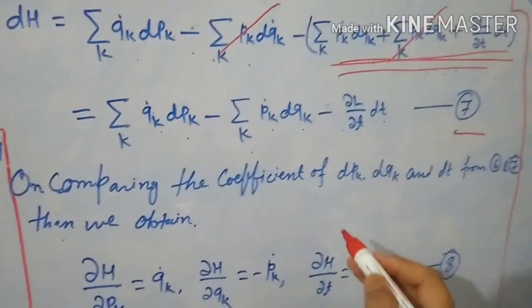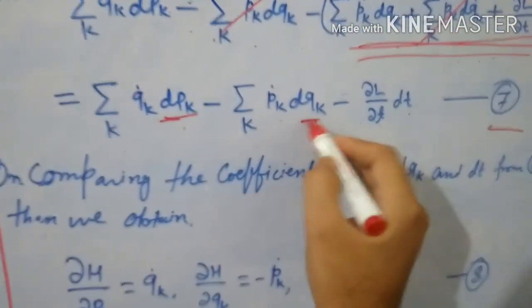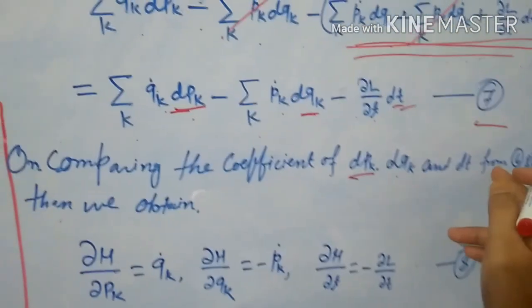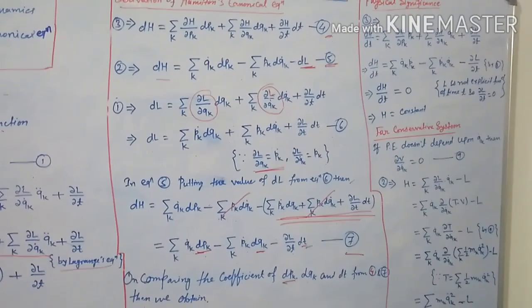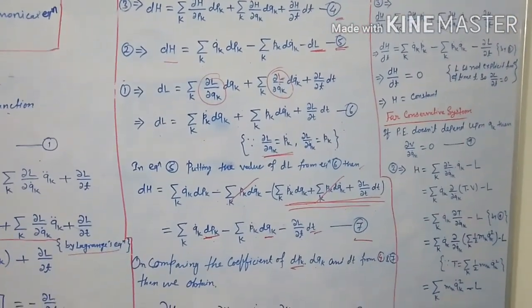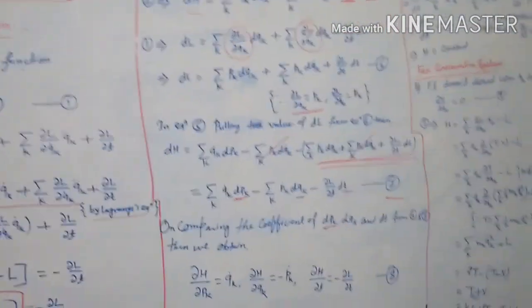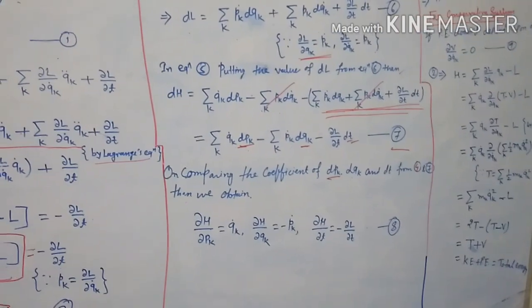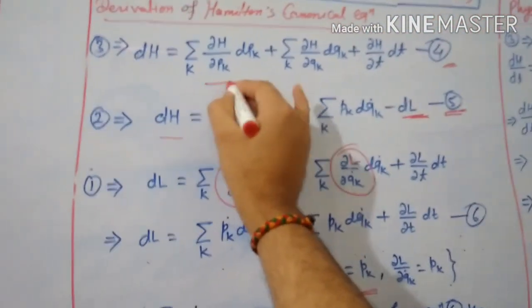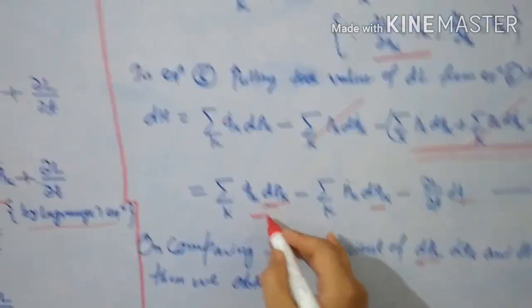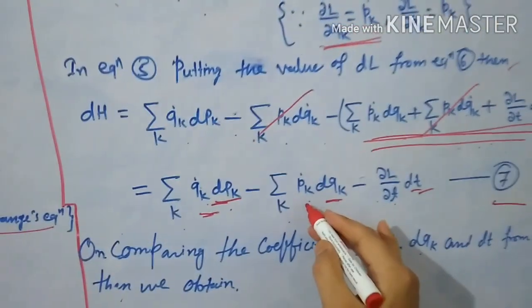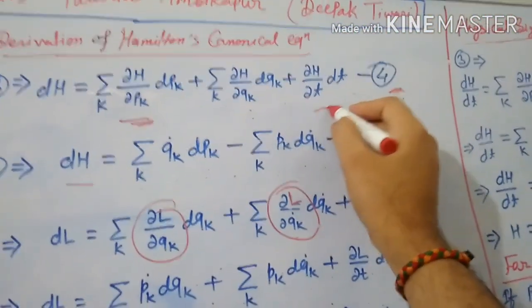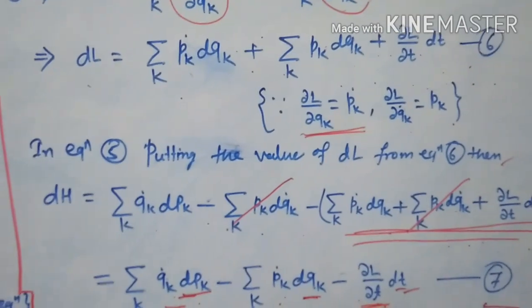On comparing the coefficients of dpk, dqk and dt from equation number 6 and from equations 4 and 7, then we obtain ∂H/∂pk is equal to qk dot, ∂H/∂qk is equal to minus pk dot, and ∂H/∂t is equal to minus ∂L/∂t.